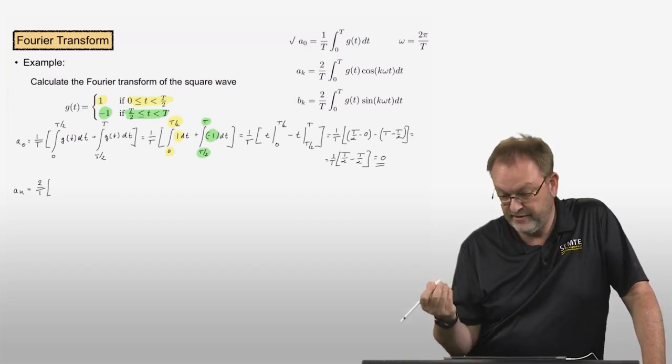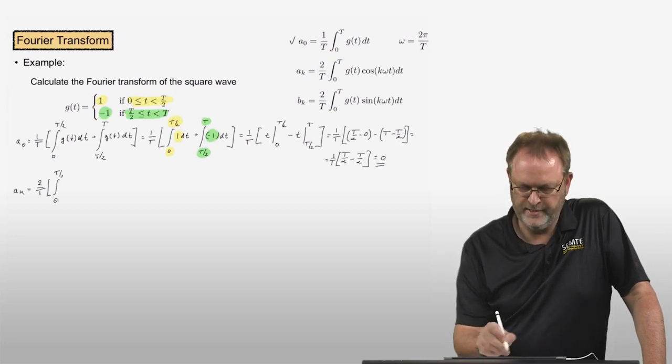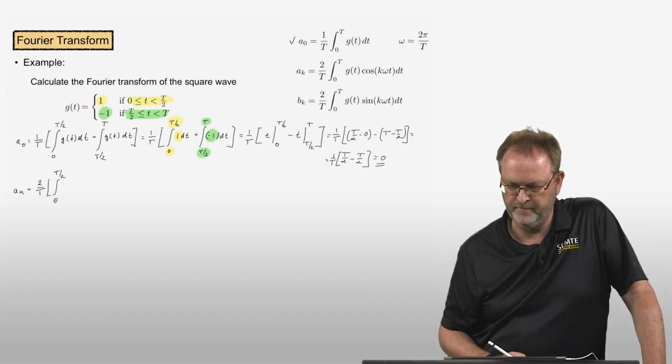I'm going to split the integral again, from 0 to T over 2, because of the definition of g of t that changes.